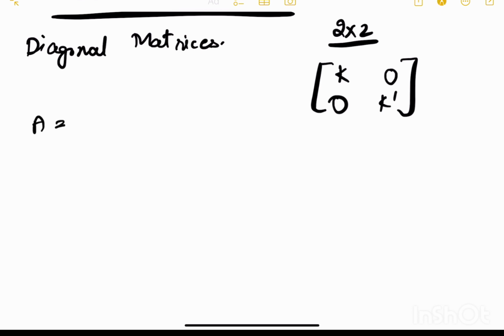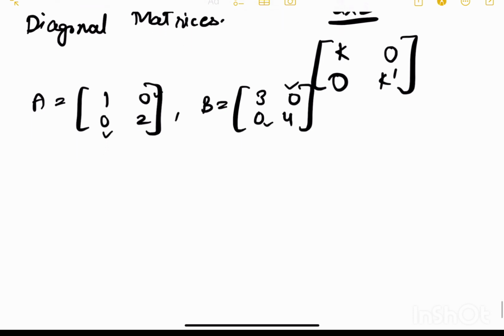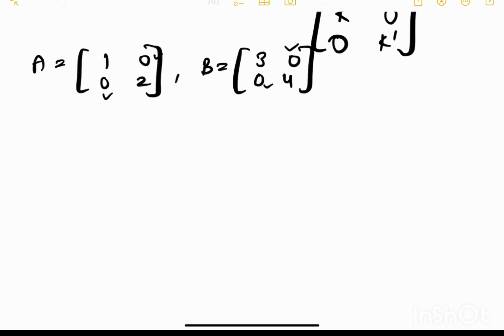Now if I will consider my diagonal matrix A as this and B as this, it is a diagonal matrix, isn't it? The non-diagonal elements are 0 and my diagonal has any numbers as the random numbers. Now what is AB? I will just write my AB. Now this is a well-defined operation because both of them are of the same order.